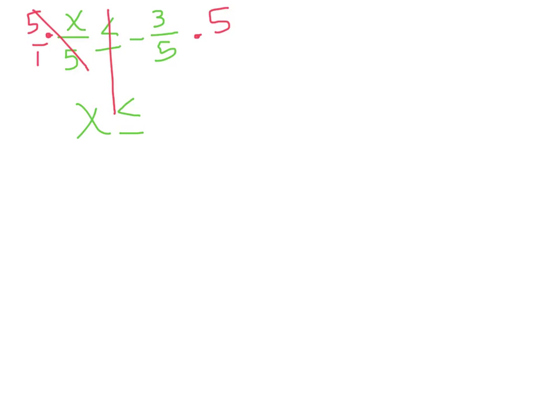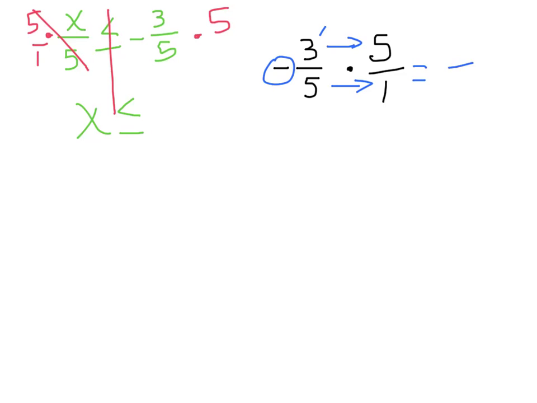When you have this math to do, you need to focus on what it says. It says negative 3/5 times 5. Well, we know that when you have a whole number, you need to place a 1 under it to multiply, and you multiply straight across. When you multiply a negative times a positive, you will get a negative.